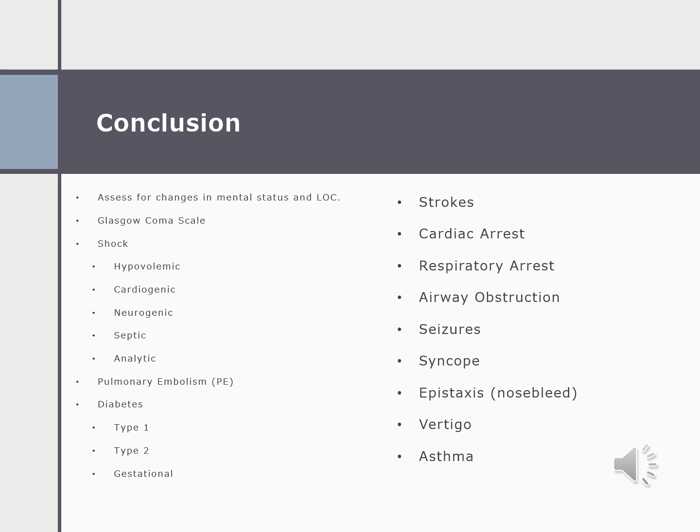It's important to know and understand the Glasgow Coma Scale, the different types of shock, signs and symptoms of a pulmonary embolism, different types of diabetes and their manifestations, as well as cardiac incidences, respiratory arrest, strokes, and airway obstructions.